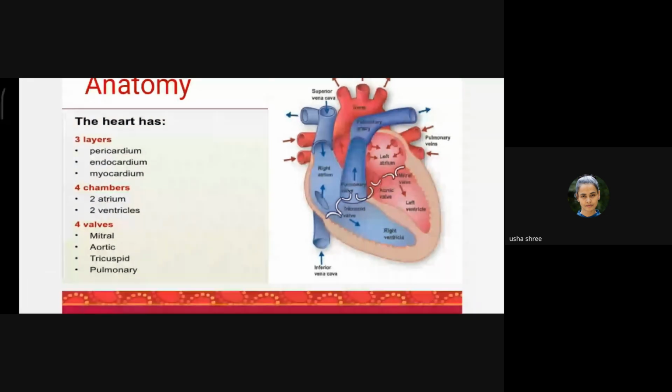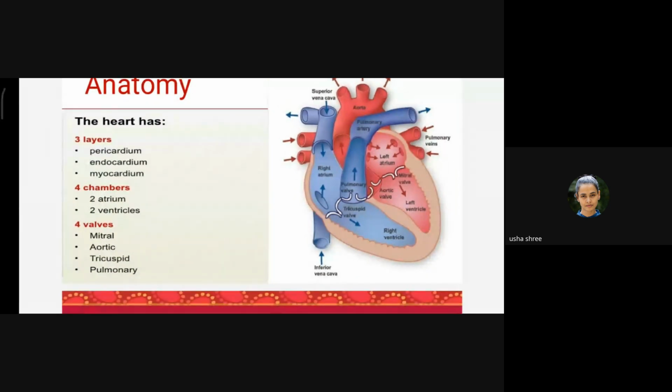Between the right atrium and right ventricle, there is a valve known as the tricuspid valve. Why is it known as tricuspid? Because it has three cup-like structures, meaning the valve is divided into three flaps. That is why it is known as tricuspid.